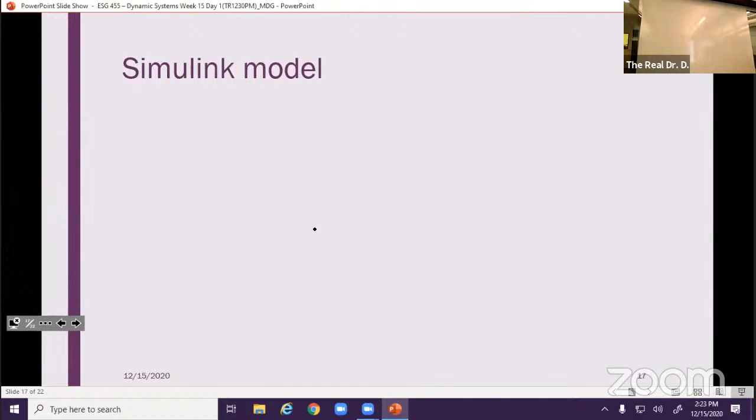So now we can start talking about the Simulink model. That was just basically how we calculate some things given the work that we did with our model. Simulink is going to be a lot more robust, and less of an estimation.